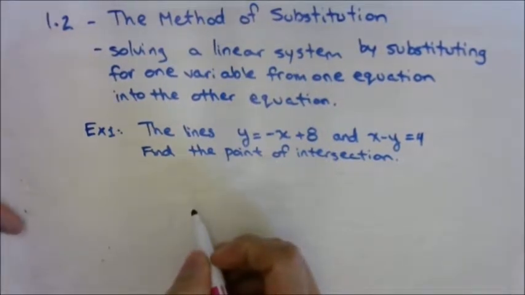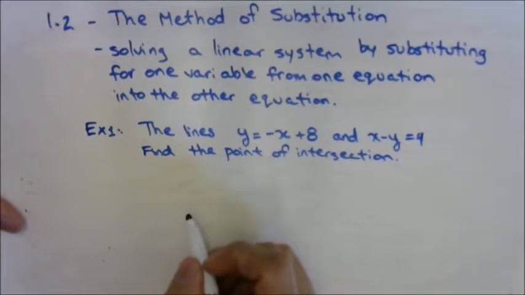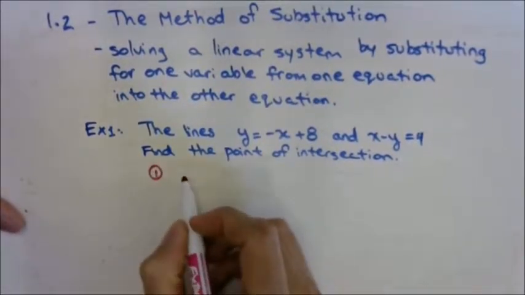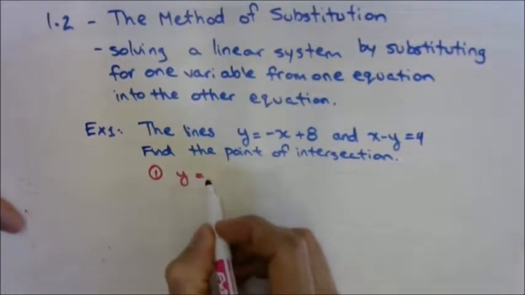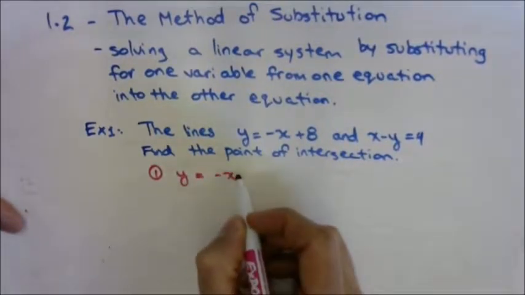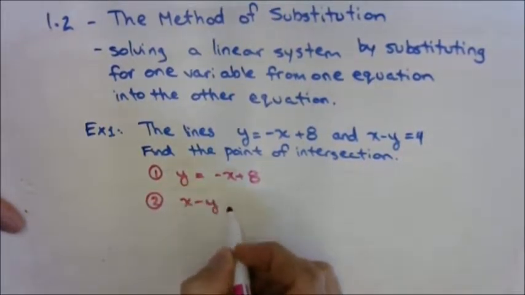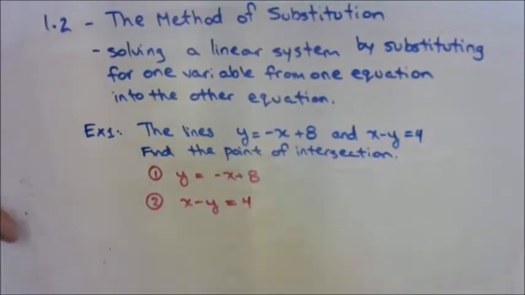What's my first step? What do I want to do with those two lines? How about write them nice and neatly and organized? I'm going to label line 1, y equals negative x plus 8. And we'll label our second line, x minus y equals 4.